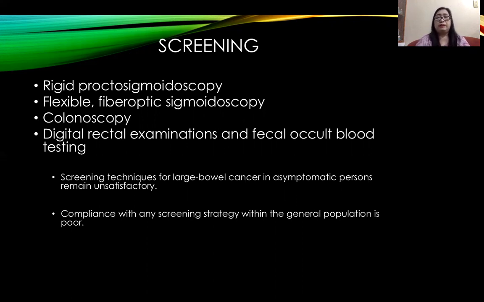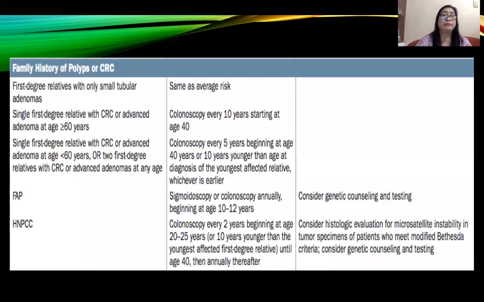Digital rectal examination and fecal occult blood testing can also be good screening procedures. The screening techniques for large bowel cancer in asymptomatic persons remain unsatisfactory, and compliance with any screening strategy within the general population is still poor.